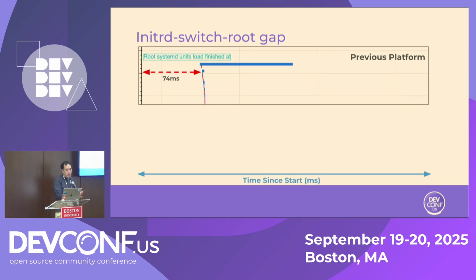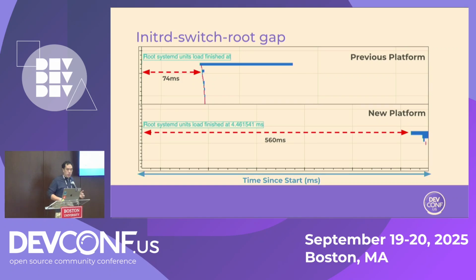On the previous platform, that was only a 74 millisecond operation. On this new platform, it was a 560 millisecond operation. And this ended up causing problems because we were using this endpoint as a proxy for when the first service would start. But on the newer platform, that was about 700 milliseconds off.